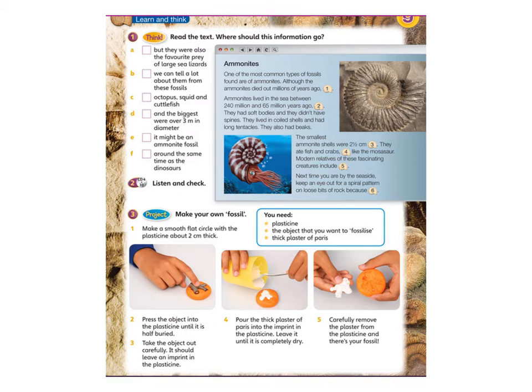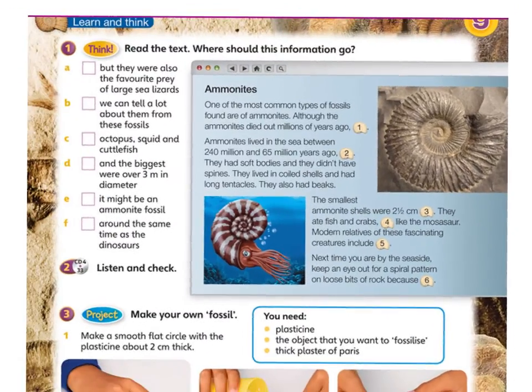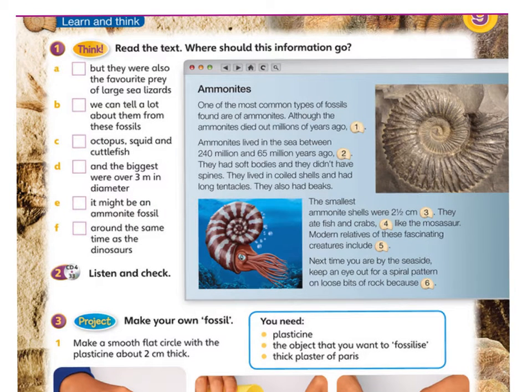At page 115, it says, think. Read the text. Where should this information go? Okay, can you see the shells? These ones, 1, 2, 3, 4, 5, and 6. Well, you have to match them with these things over here.